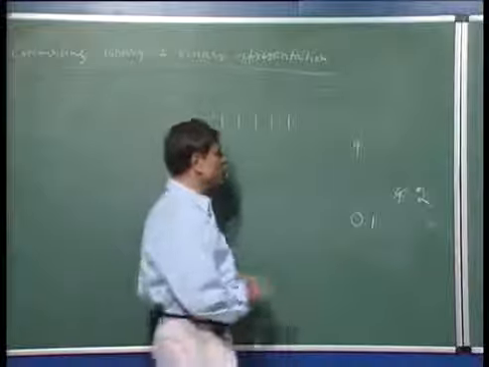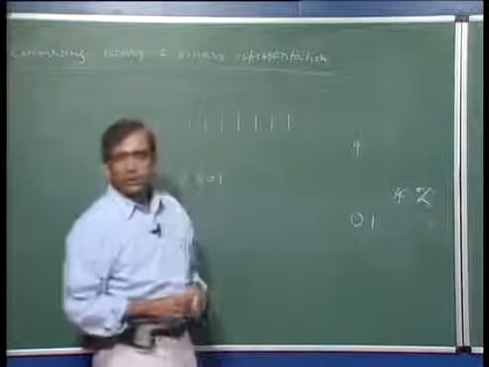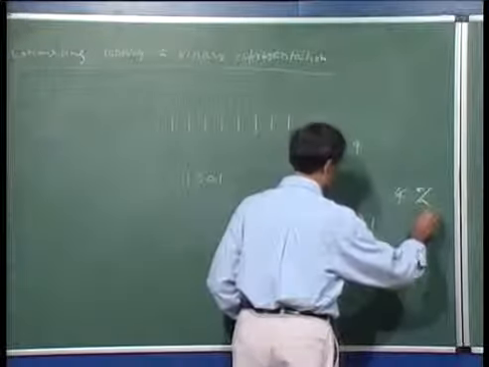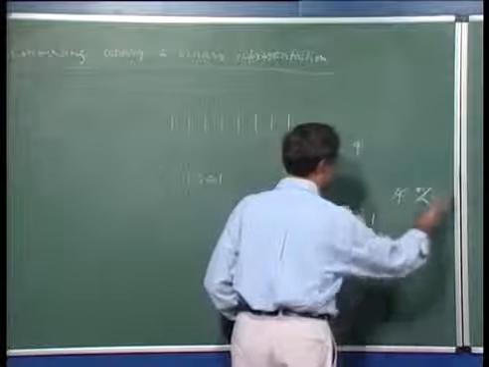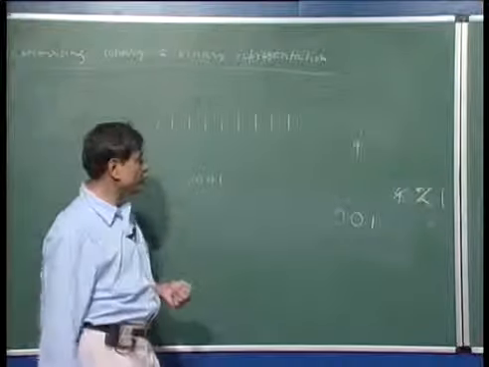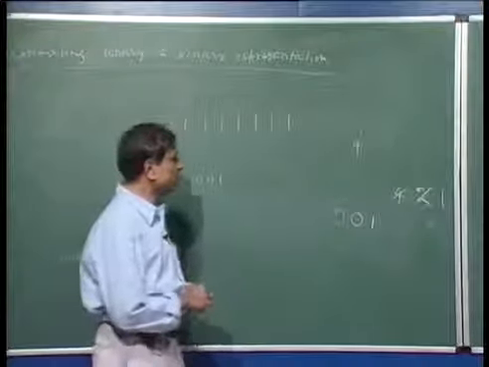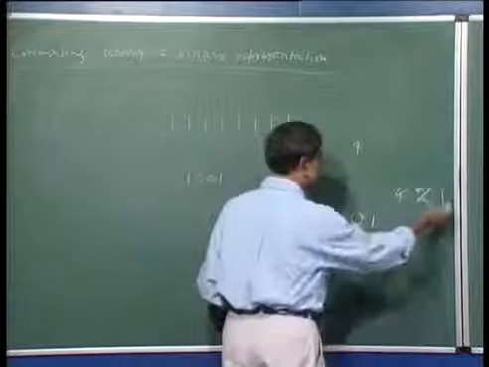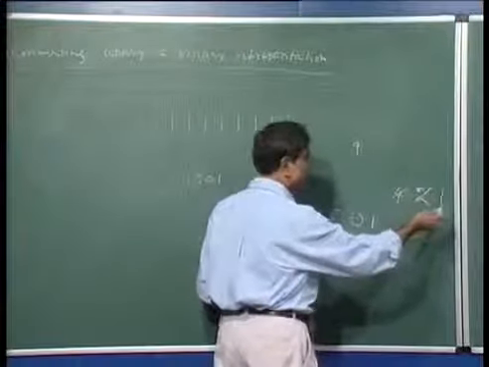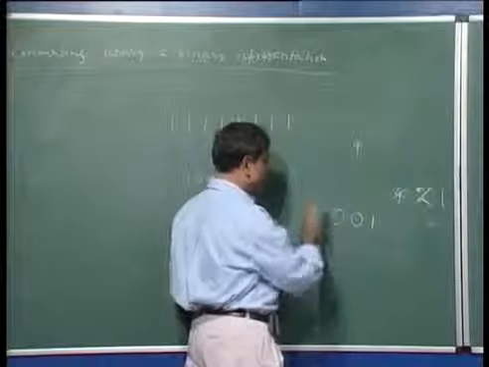Then 2 if you divide by 2, you will get the remainder to be 0 and the quotient to be 1, and this one when you divide by 2, the quotient is 0 and the remainder is 1.